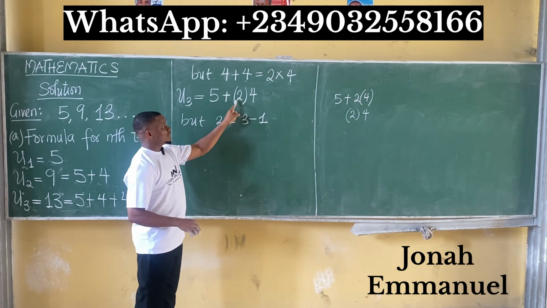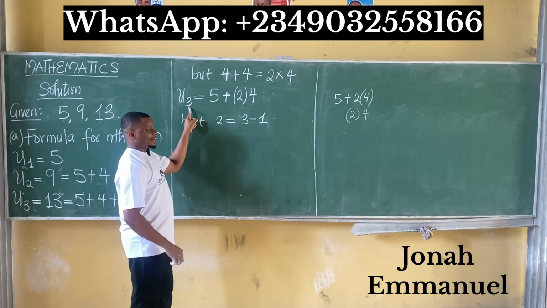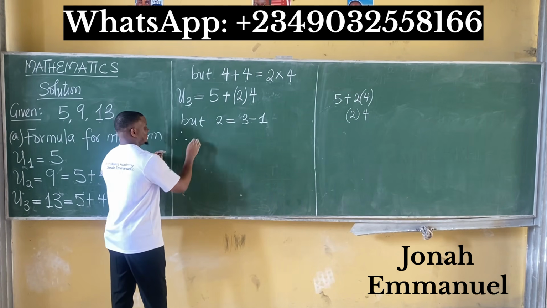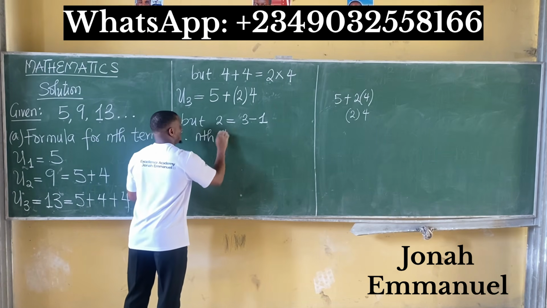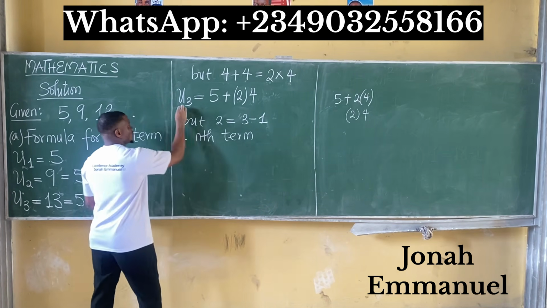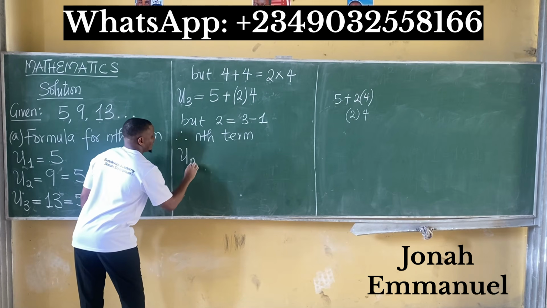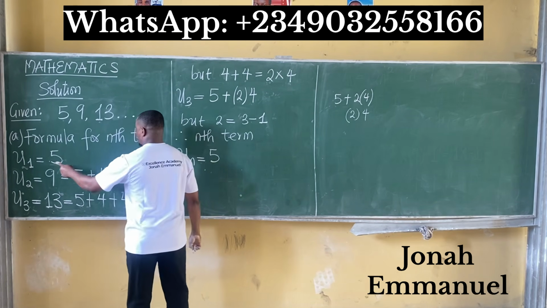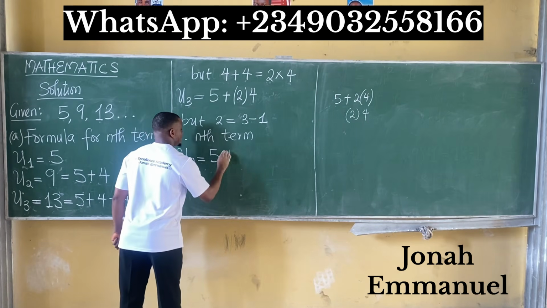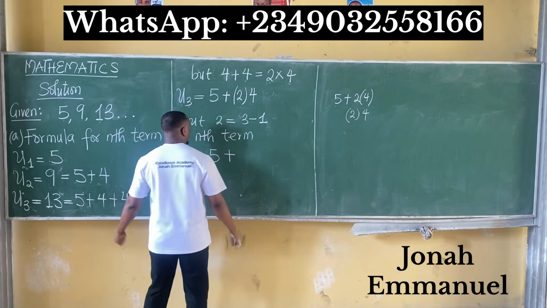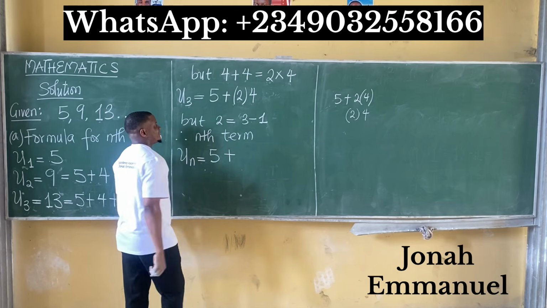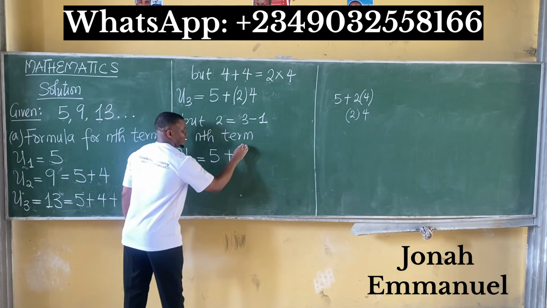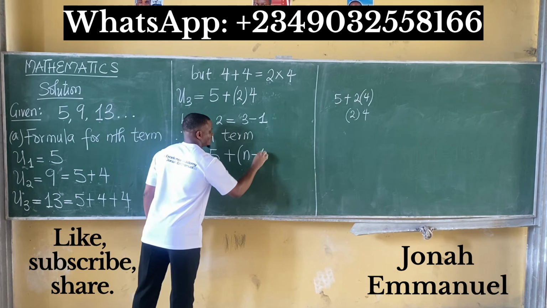So therefore, the nth term, Un, is equal to 5. 5 is usually a constant. After 5 you have plus, then this 2 was gotten by taking this one here minus 1. So if I have n here, it becomes n minus 1.